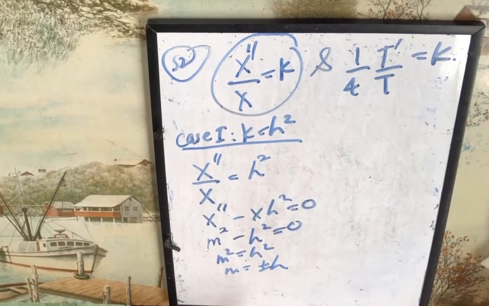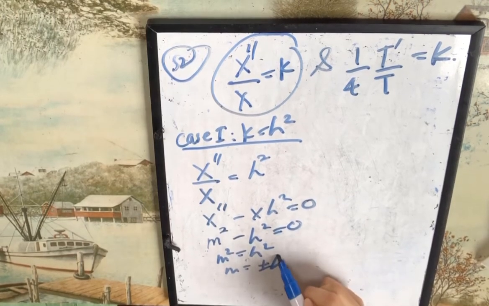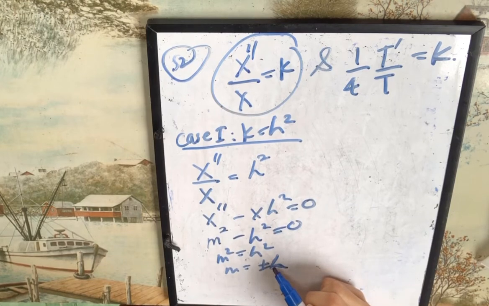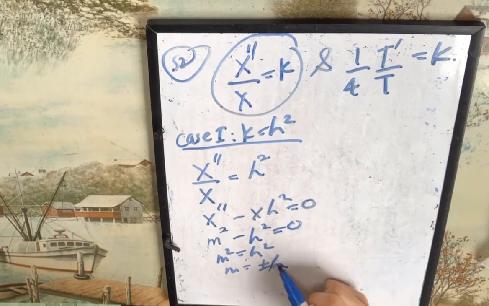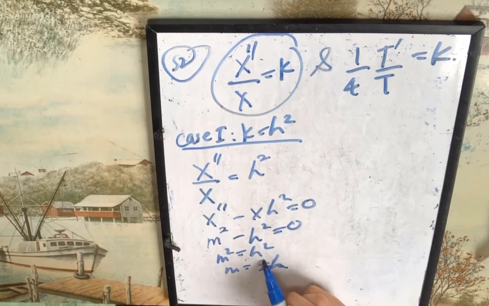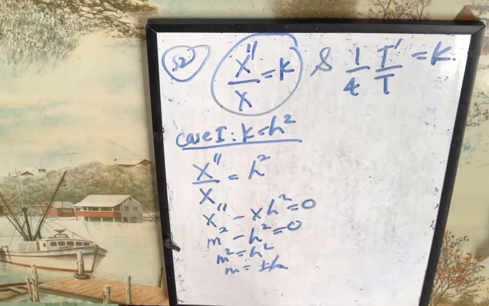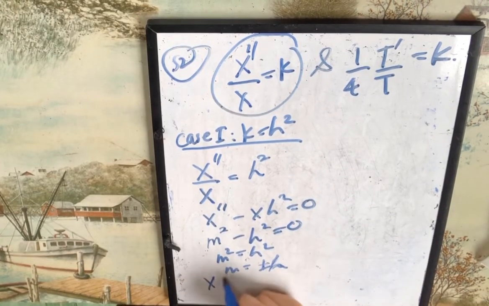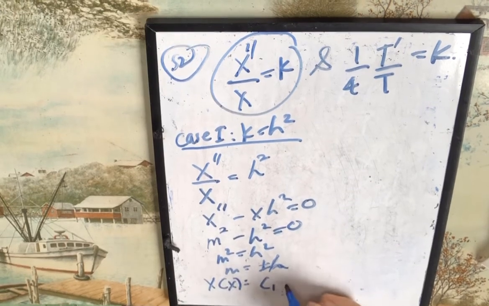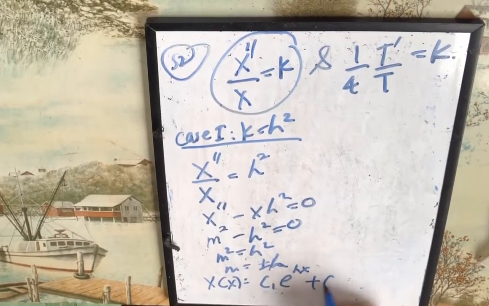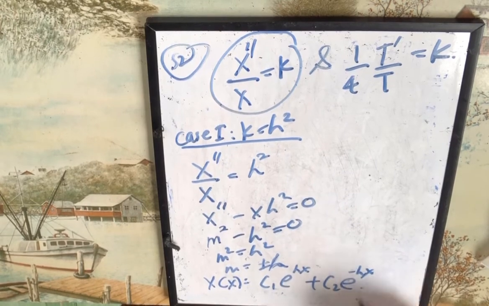It is not complex conjugate because there is no i here; it is real and distinct. It is not real repeated because the sign here is plus minus. So your equation for X is c1 e to the lambda x plus c2 e to the negative lambda x.